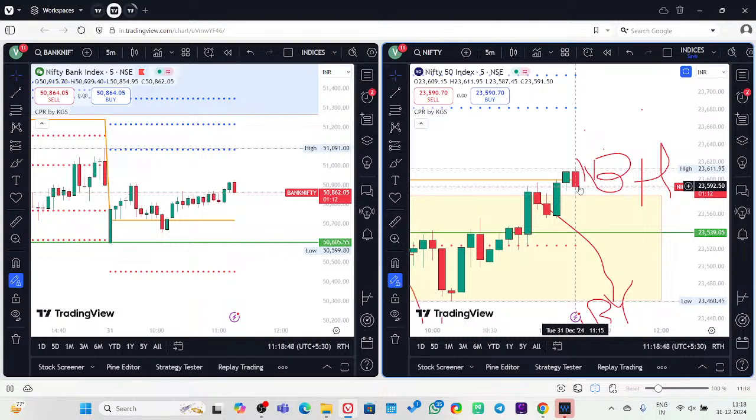Never enter a trade before a candle closes. At this moment the candle seems like a bearish one, but after this one minute it may be bearish or it could be really bullish.